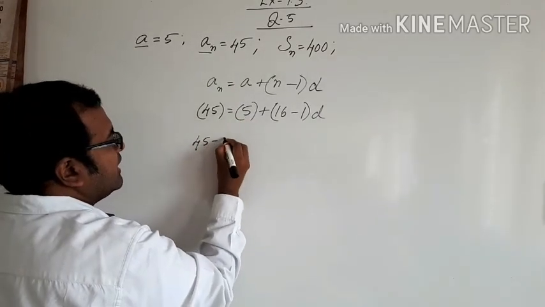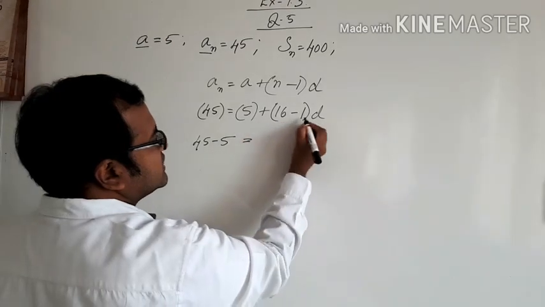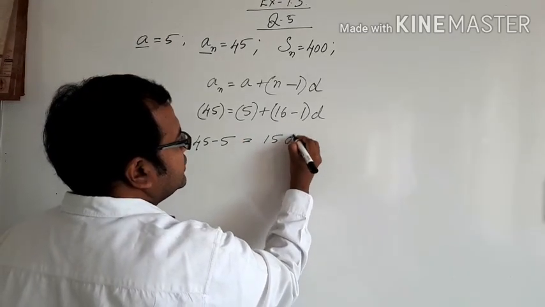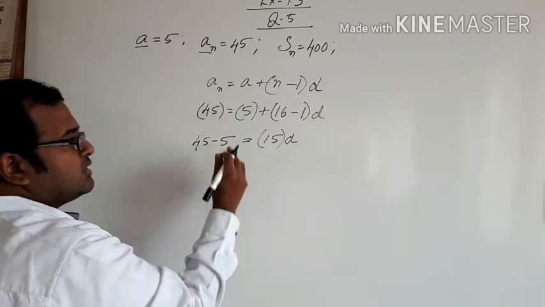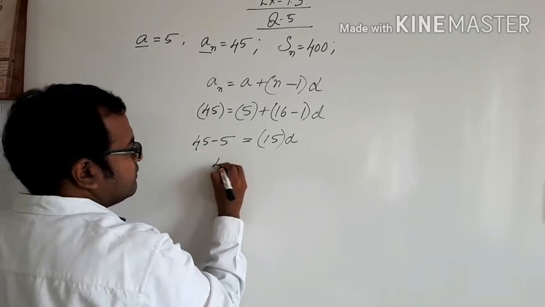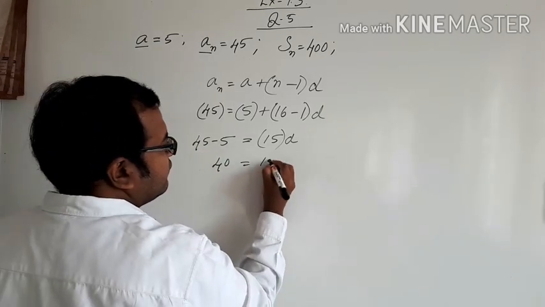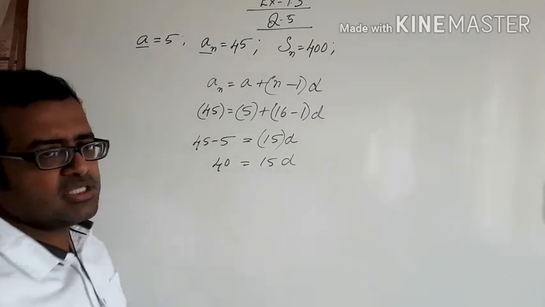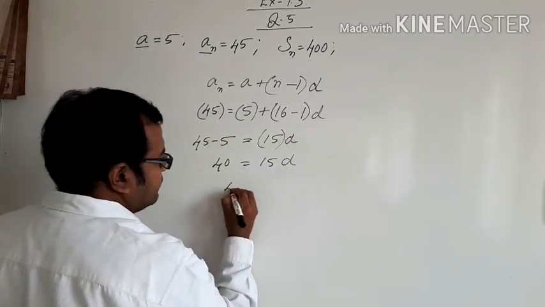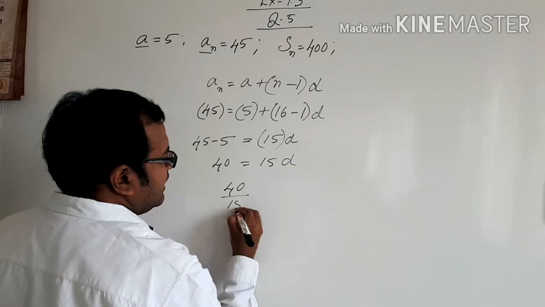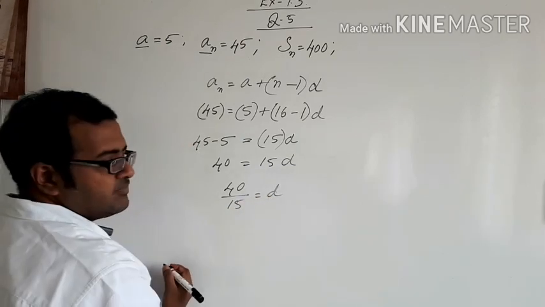So 45 minus 5 is equal to (16 minus 1), which is 15, into D. So 45 minus 5 is 40, which is equal to 15D. 15 comes to the other side and becomes divided by 15. So 40 divided by 15 is equal to D.